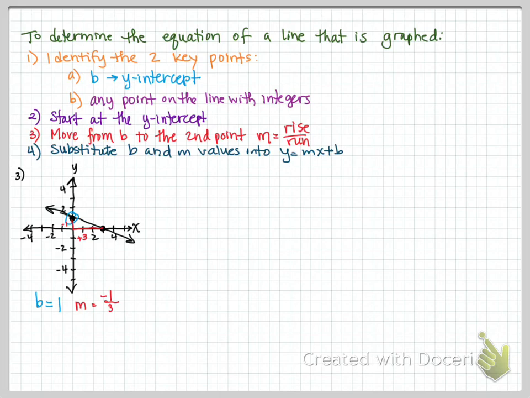You don't need to put in those values. I'm just demonstrating how to do this. So we're going to start with y equals mx plus b, and all we're going to do is substitute in our numbers. So we get y equals negative 1/3 x plus 1. And that's it. That's your answer.